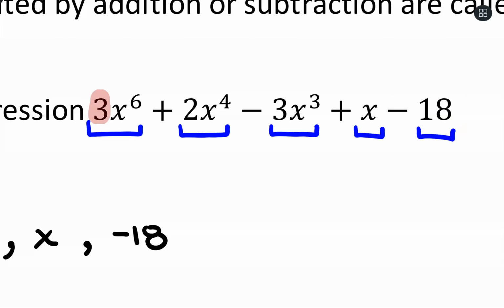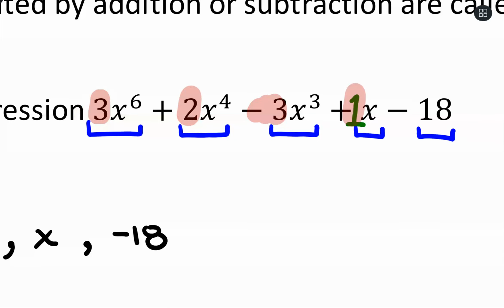So like 3, 2, negative 3. And then here where it's just x, what we want to do is imagine there's a 1 right there. So 1 times x. So 1, and then 18 is the constant term, so it doesn't have a coefficient. So these would be our coefficients.